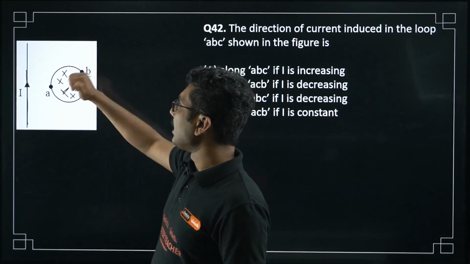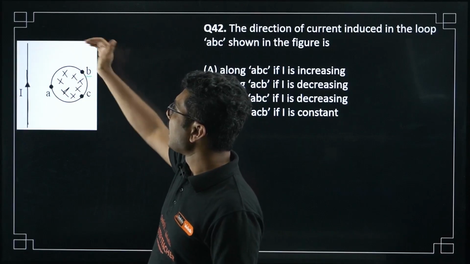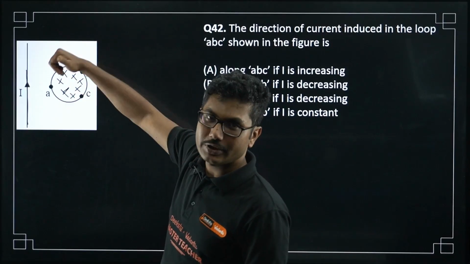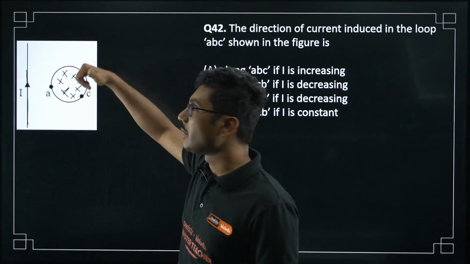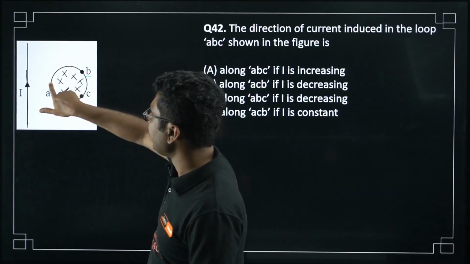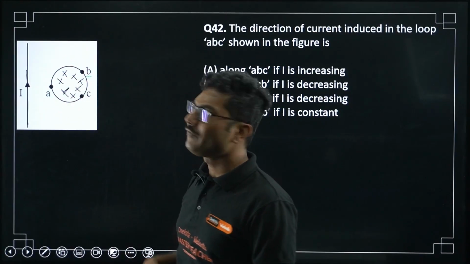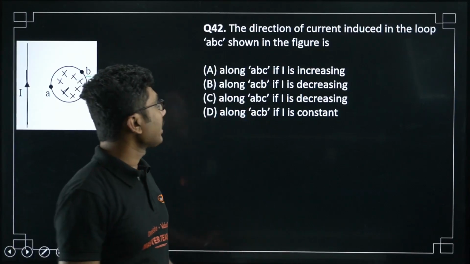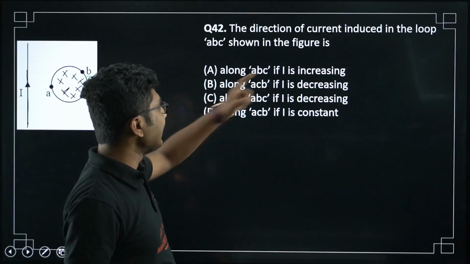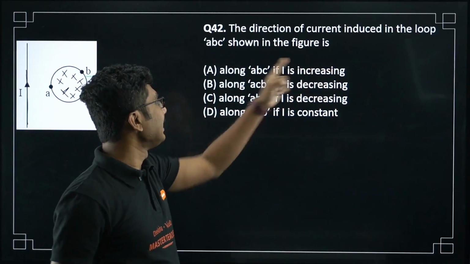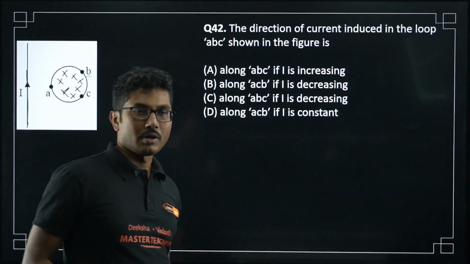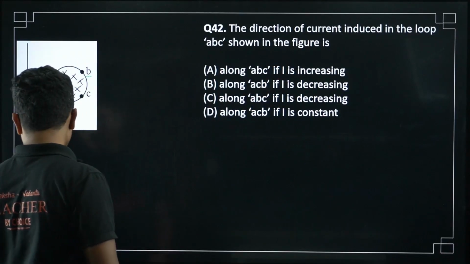If the current is increasing, the current will be such that it opposes the magnetic field, so the induced magnetic field will be out of the page. That means the current will be ACB if I is increasing. Only one option is given with increasing, along ABC, and definitely this is not correct.